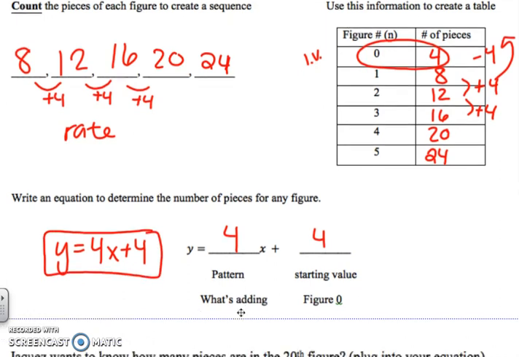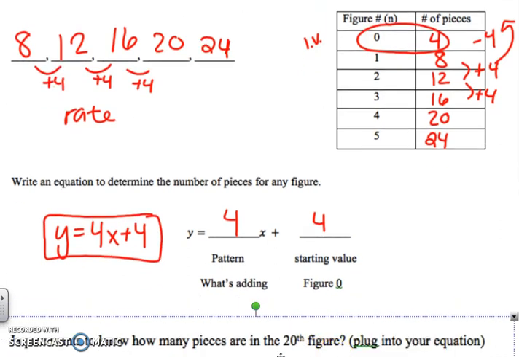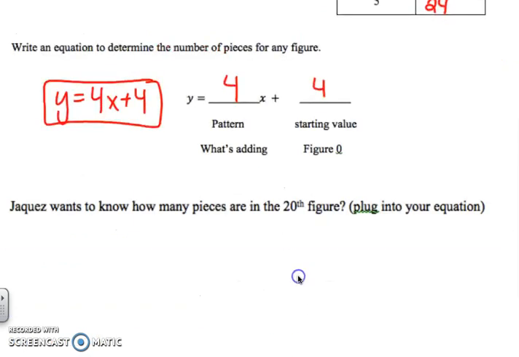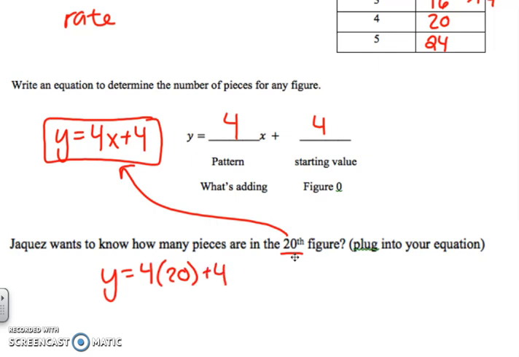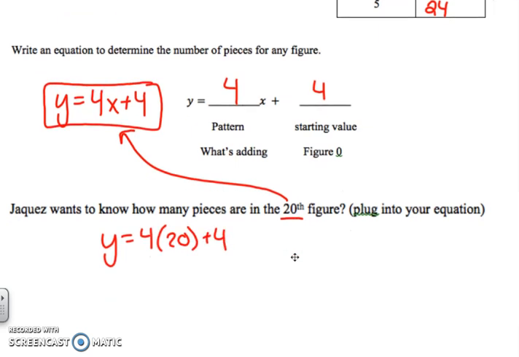Okay? So now, Jacques wants to know again how many pieces are in the 20th figure. So I'm going to plug in 20 for my x value. So y equals 4 times 20 plus 4. 4 times 20 is 80, plus 4 would be 84.